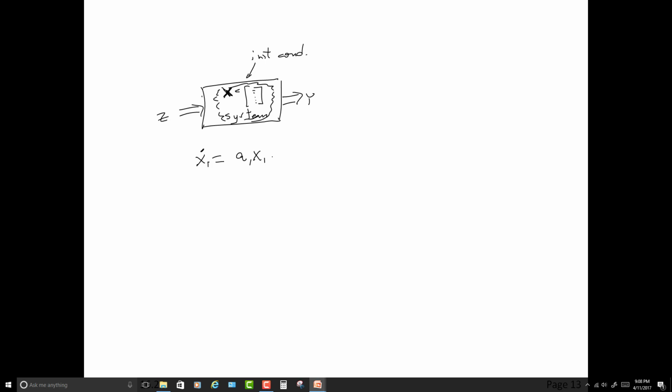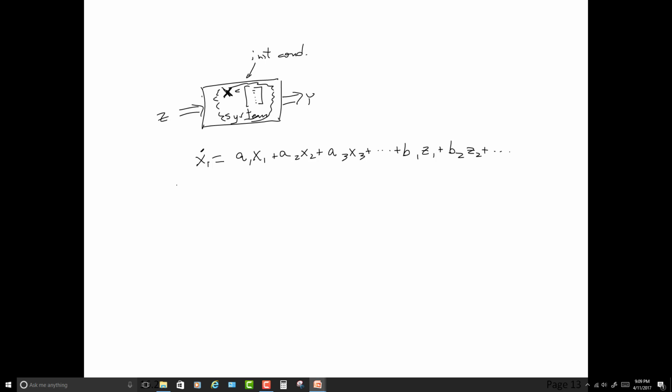We may have forgotten this, but it can really be written as a1 times x1 plus a2 times x2 plus a3 times x3 plus, and then you get on to the various inputs: b1 times z1 plus b2 times z2 plus, and on you go through the end of those.